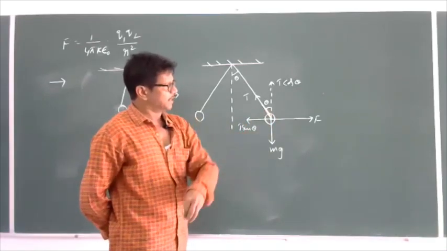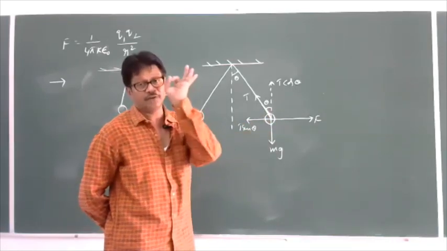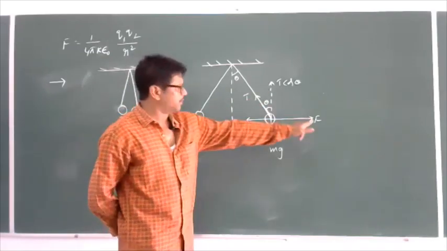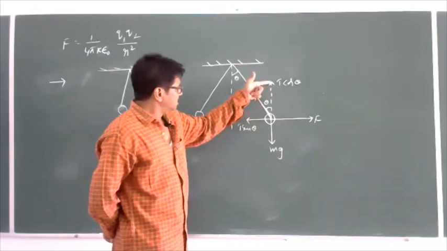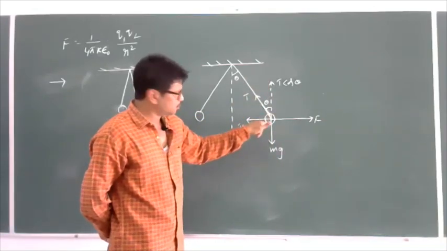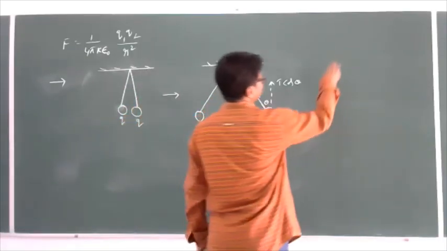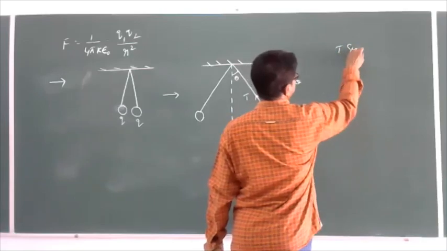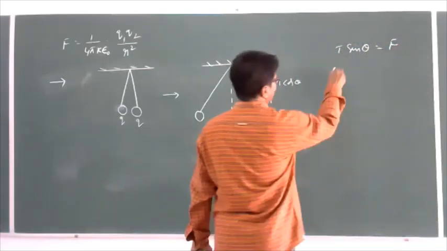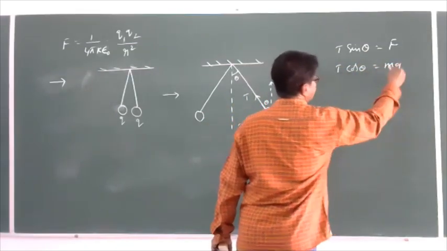Whenever a body is in equilibrium, the net force is zero. This is possible if T sin theta is balanced by F and T cos theta is balanced by mg. Then we can say the body is in equilibrium. So I will write T sin theta is equal to F and T cos theta is equal to mg.